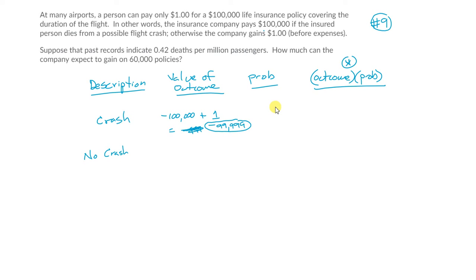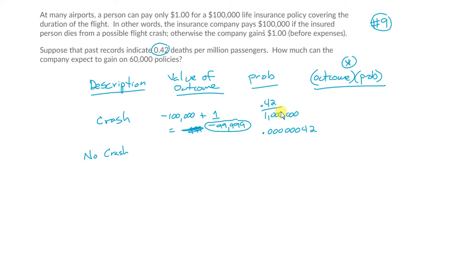What's the probability? In this case, 0.42 deaths per million passengers. So it's 0.42 over a million. If you divide that on your calculator, 0.42 over a million is going to be 0.0000042.